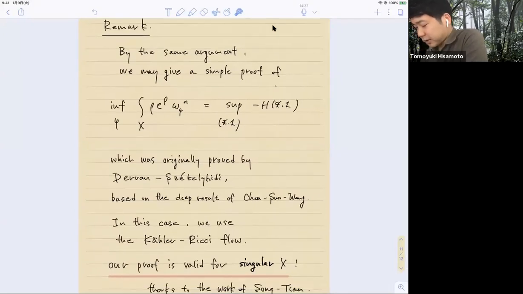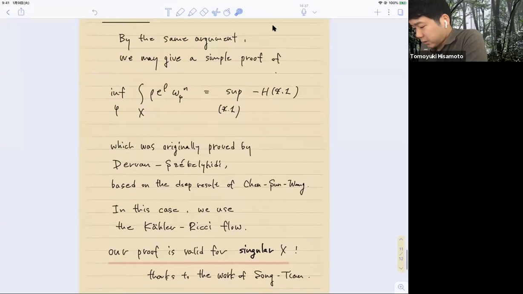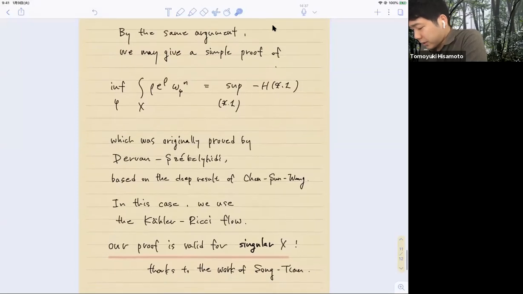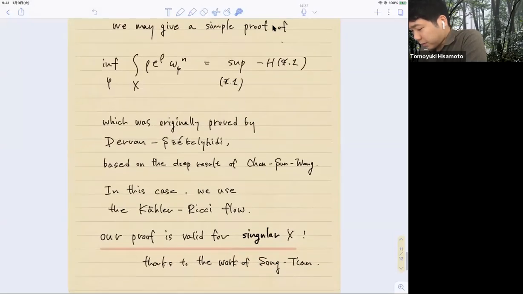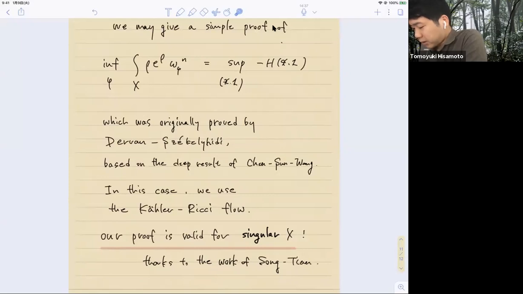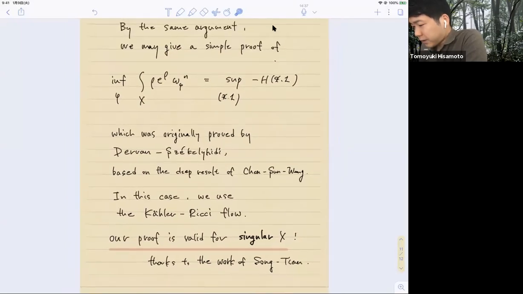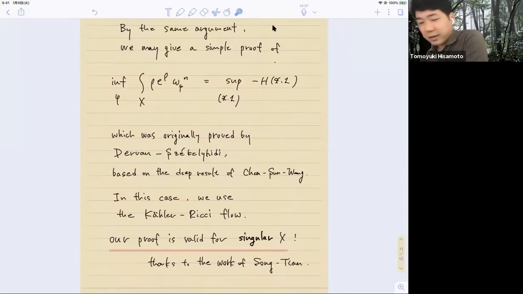That's really the advantage of the deep result of Chen-Sun-Wang, I think. But I recently realized that our proof has some merit because we can also get the same result even for singular X, thanks to the work of Guo-Song-Weinkove about the Kähler-Ricci flow on singular spaces.